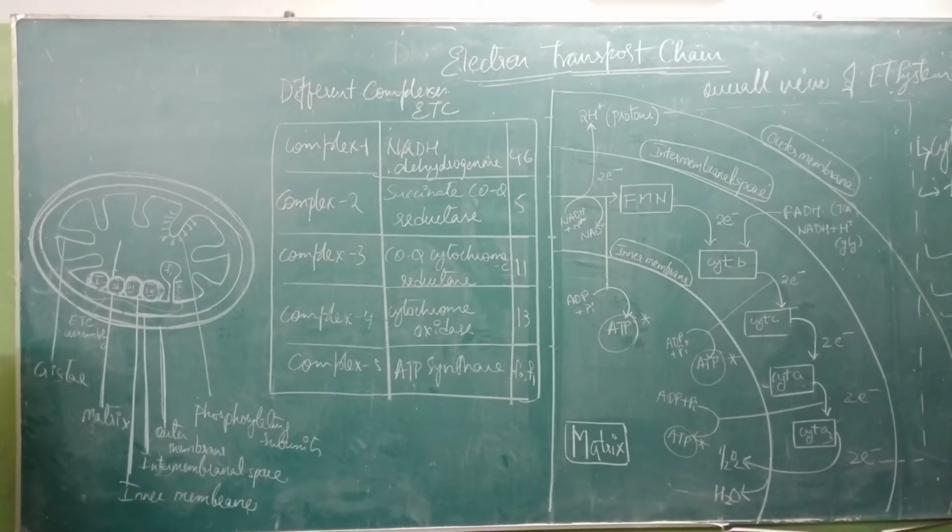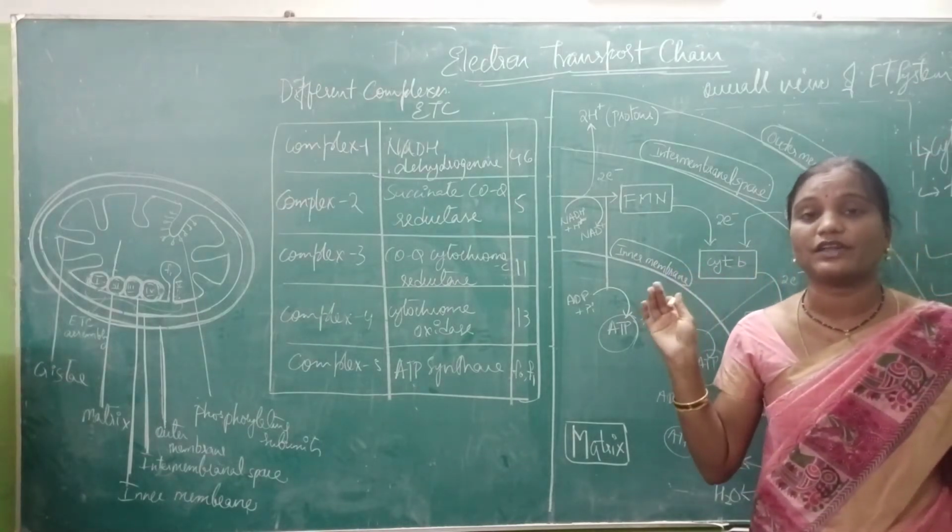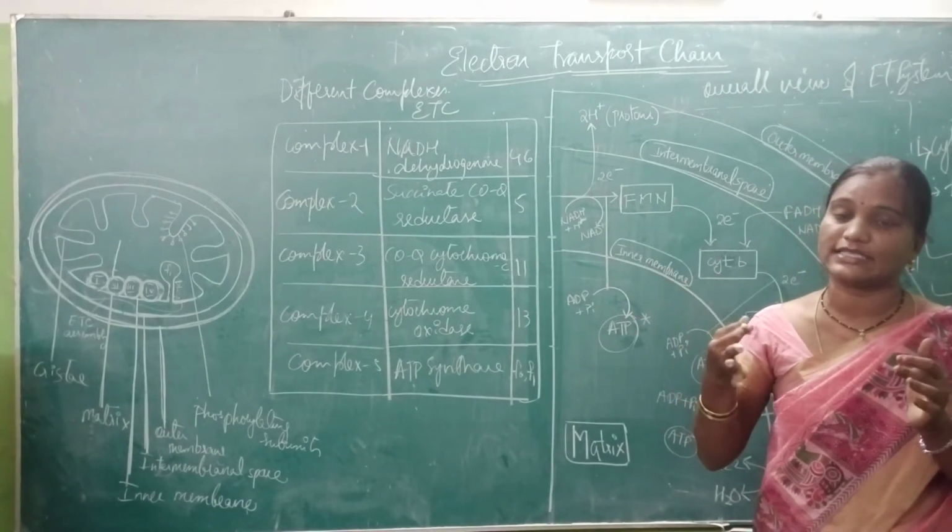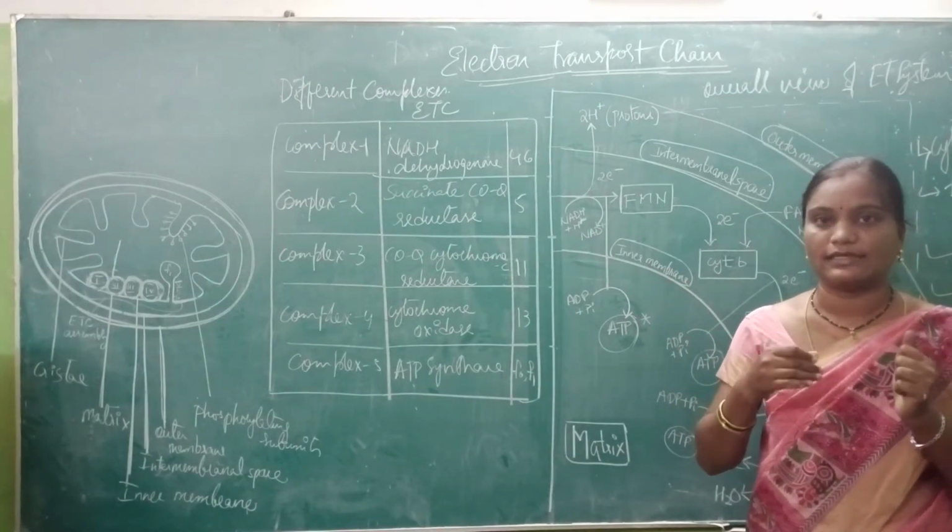So these are the different substances used for electrons to be transferred from one substance to another.